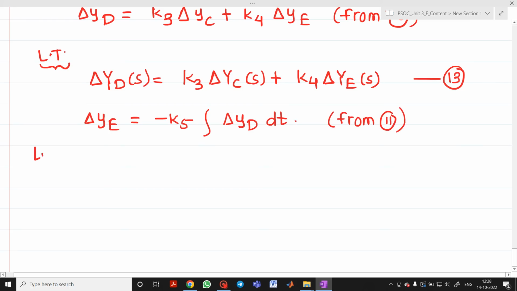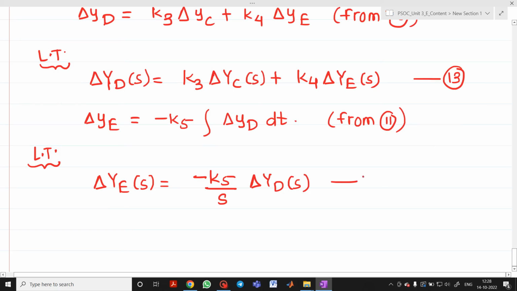By taking the Laplace transform of this expression, I will get delta ye of S will be equal to, what is the Laplace transform of integration? It will be 1 by S. So minus k5 upon S delta yd of S. Mark this as equation number 14.